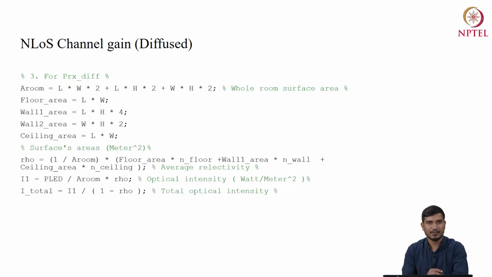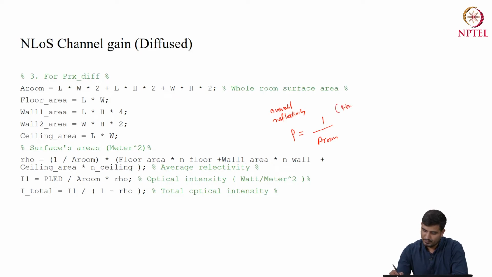For the diffuse channel gain, you first calculate the overall reflectivity, which is rho equals 1 divided by the area of the room, multiplied by the floor area times the reflectance of the floor, plus the wall area times the reflectance of the wall, plus the ceiling area and its respective reflection coefficient.